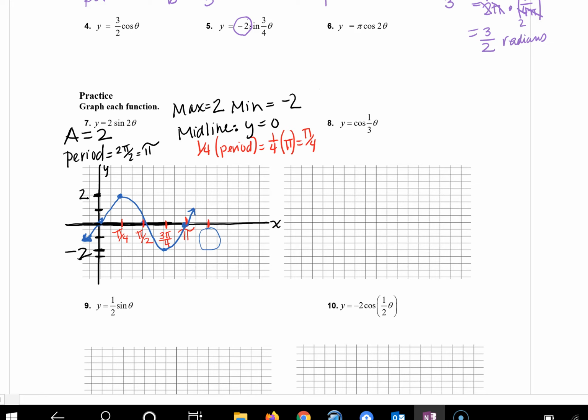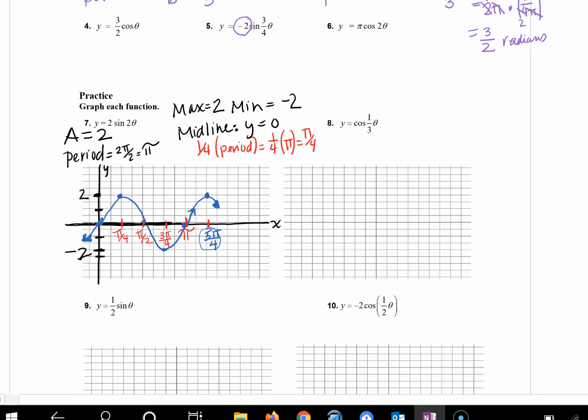Well, if you said that's going to be 5 pi over 4, you are correct. And where would I put my dot? Well, hopefully you said that you'd put your dot at 2, and the graph would continue, and I'd show the turn, and I'd put the arrow to show it's going to keep going.